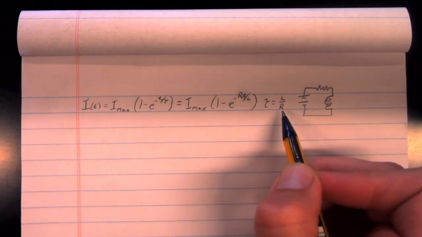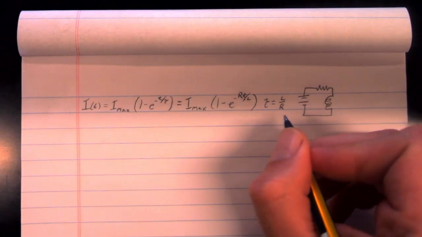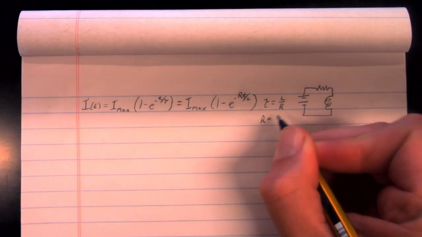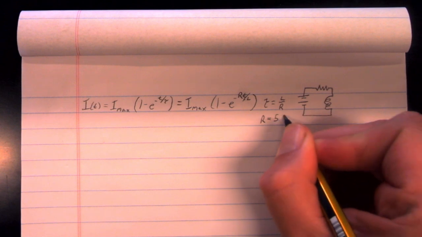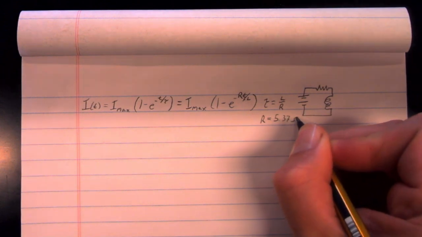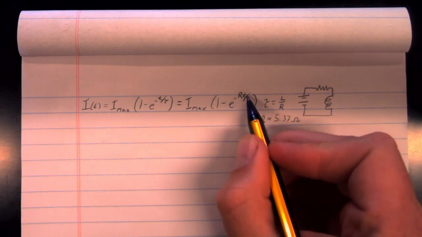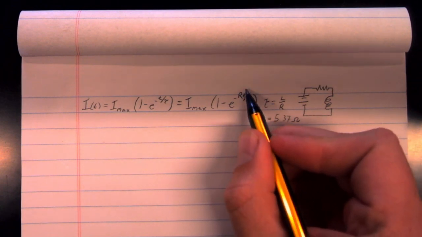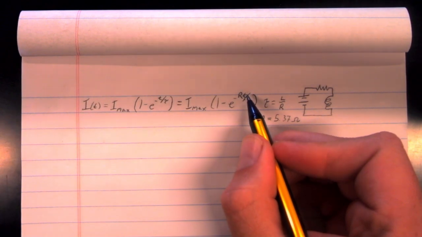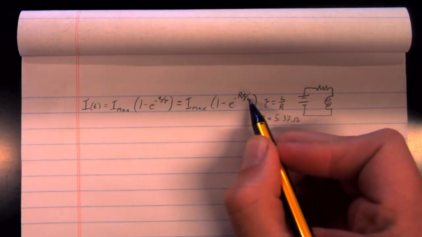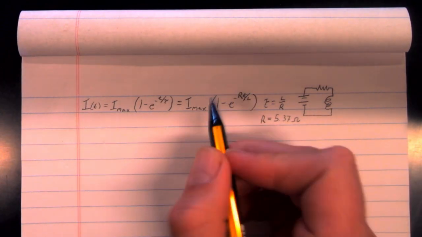So we figured out our resistance. We calculated that from the steady state conditions as 5.37 ohms. So we know the resistance, and we plug that in here. If we pick a particular time that it's been on, we can get our time there. We're going to solve this for our inductance. Those are constants.